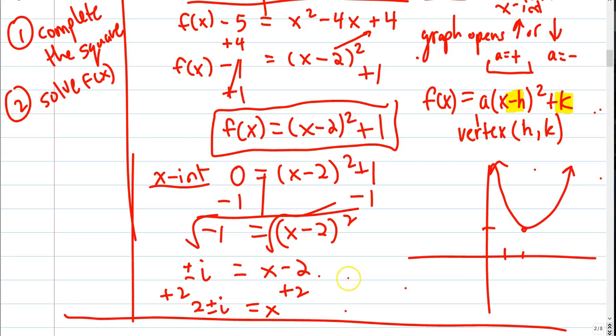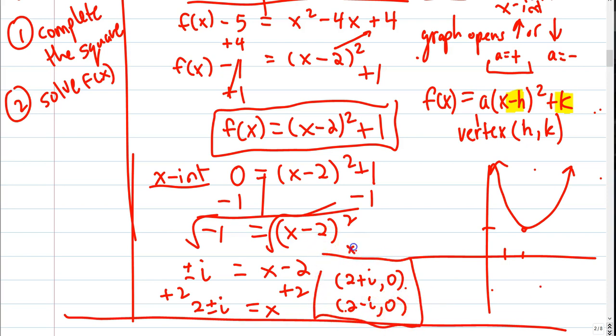Basically, if x equals 2 plus i, we get the value of 0, and if x equals 2 minus i, we get the value of 0. So those would be our x-intercepts. I encourage you, if you're feeling comfortable with this, we're going to definitely do this as we go into trigonometry and pre-calculus. We're going to be solving for the x-intercepts to this level.